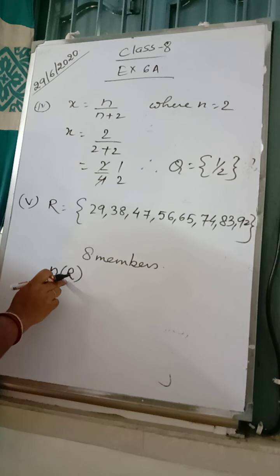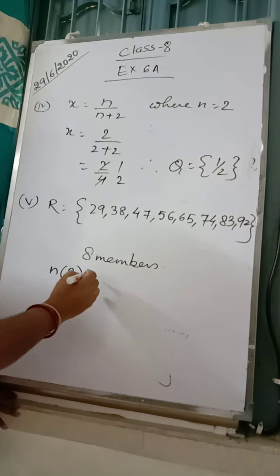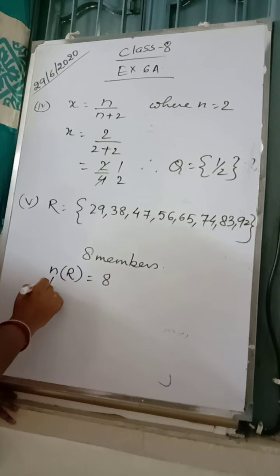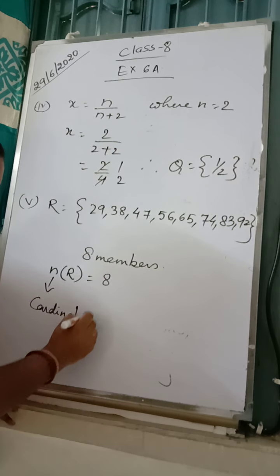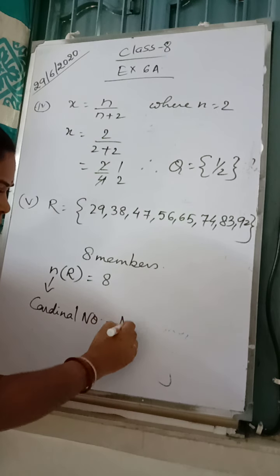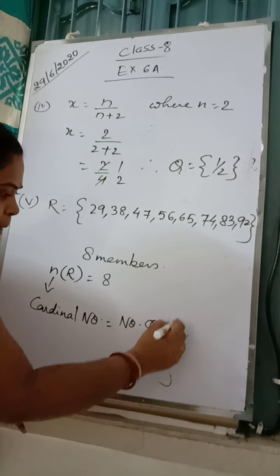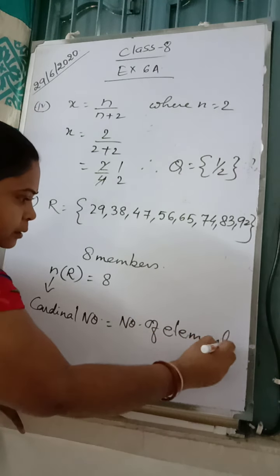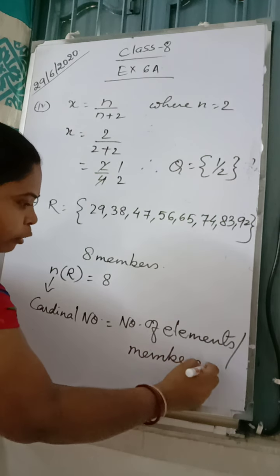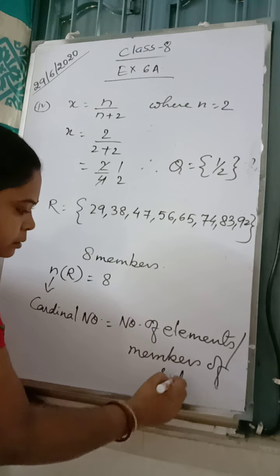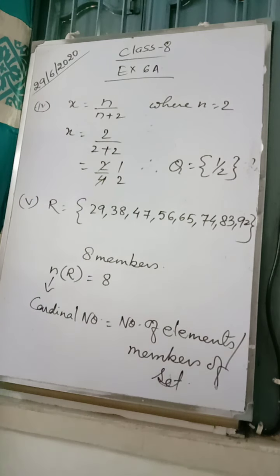Small n in bracket, the set name, is equal to 8. This is called cardinal number. The meaning is, number of elements or members of a set is known as cardinal number.